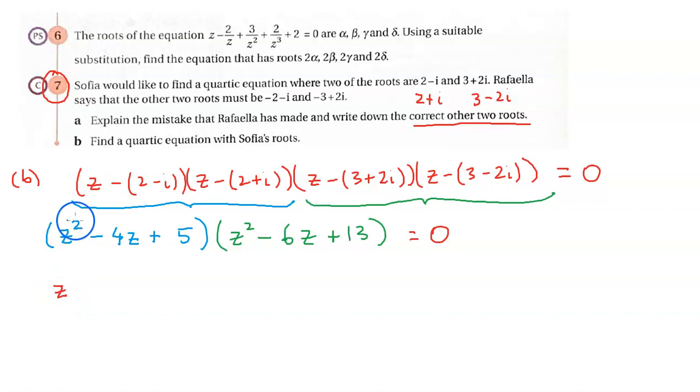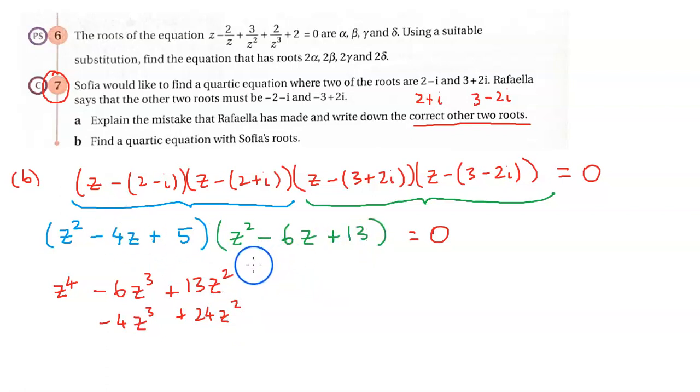So just taking the z squared and multiplying it by the 3 terms, so that will be z to the power of 4, and then minus 6z cubed plus 13z squared, and then the minus 4z, so that will be minus 4z cubed plus 24z squared, and then minus 4z times 13. 4 times 12 is 48, so that would be 52, so minus 52z.